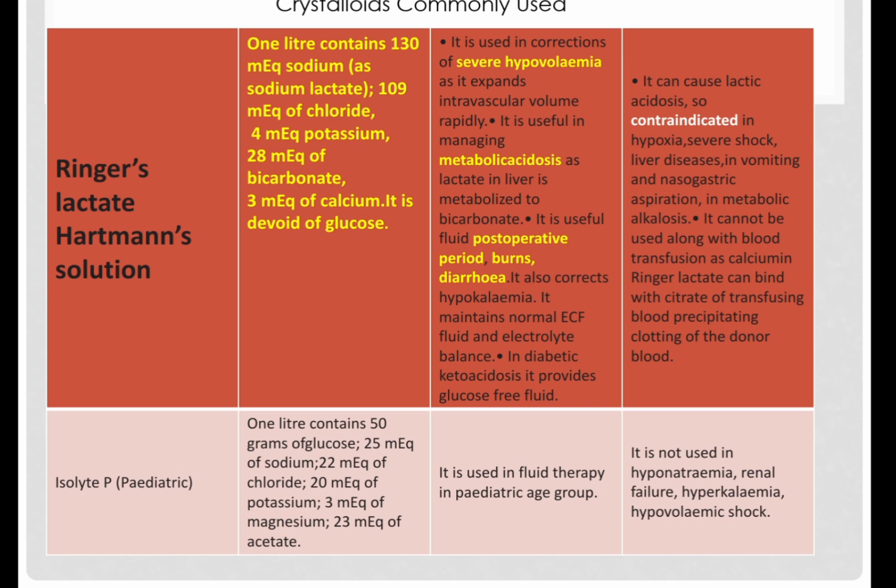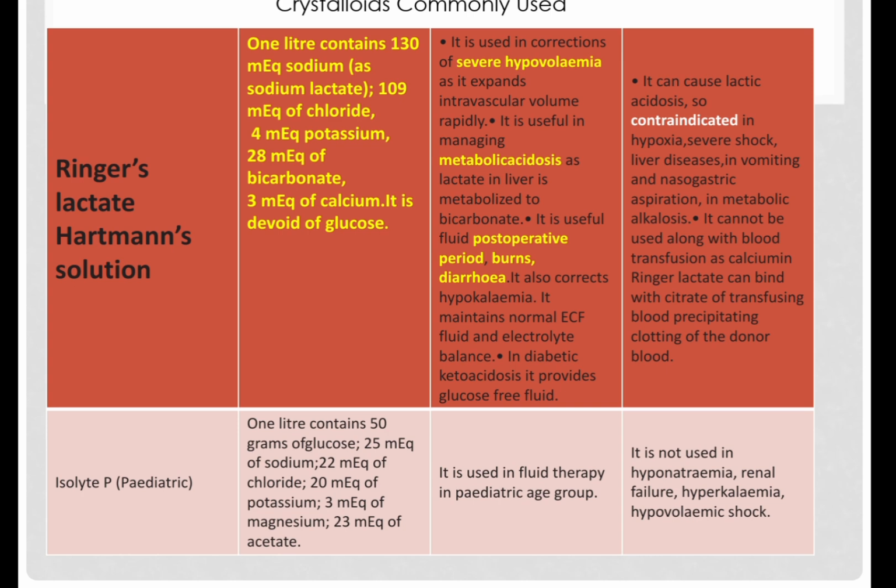It is a useful fluid in post-operative periods, burns and diarrhea. In our surgical practice, Ringer's lactate is commonly used, and it also corrects hypokalemia and maintains normal extracellular fluid and electrolyte balance. In a diabetic patient with ketoacidosis, it provides glucose-free fluid.